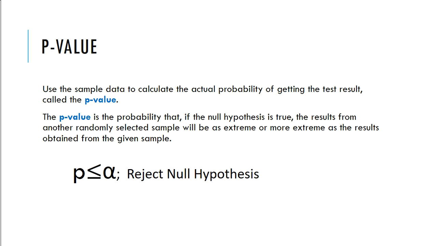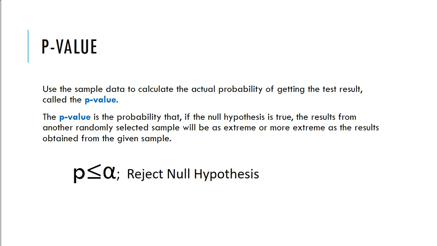So one thing we use a lot is called the p-value. Using the sample data to calculate the actual probability of getting the test results is called the p-value. The p-value is the probability that, if the null hypothesis is true, the results from another randomly selected sample will be as extreme or more extreme than the results obtained from the given sample.